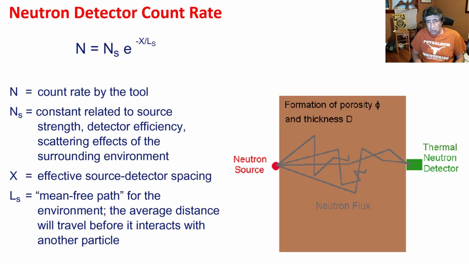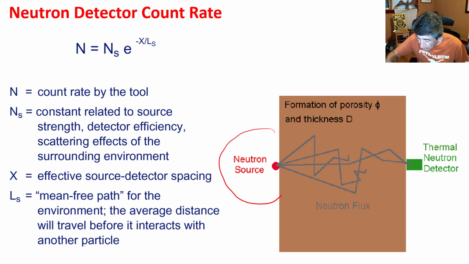The principle of this neutron source is very simple: we have a neutron source that sends a certain number of neutrons. And then those neutrons are going to undergo all of those three interactions: inelastic, elastic, thermal capture. Bottom line is that the longer the distance, more of them are going to be captured in the medium.